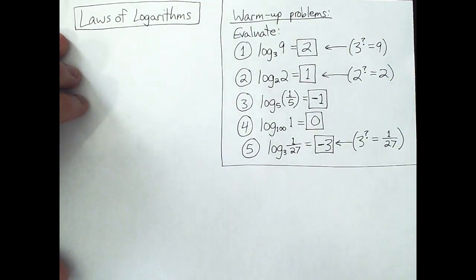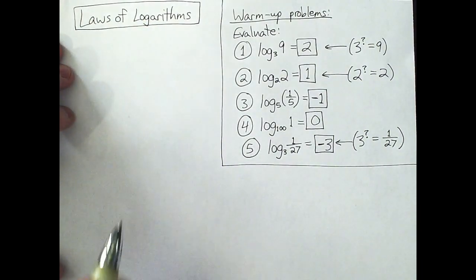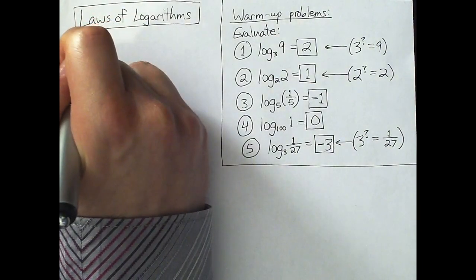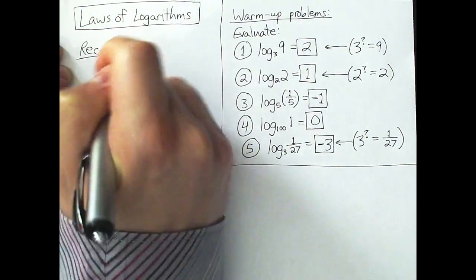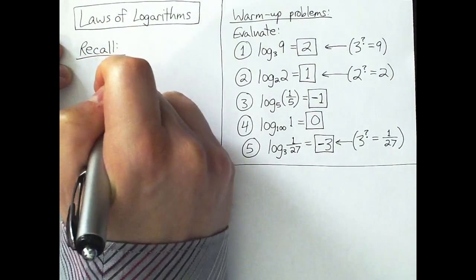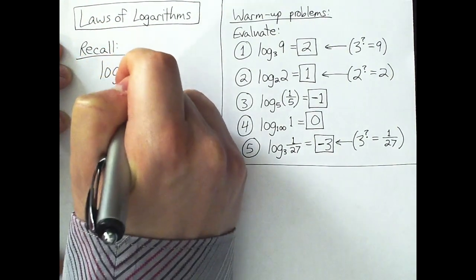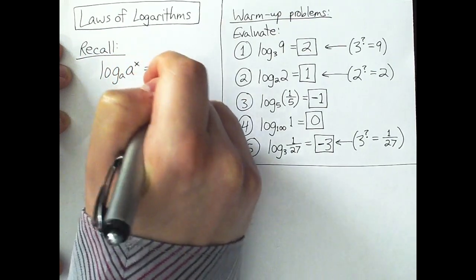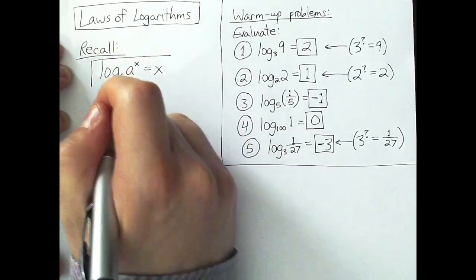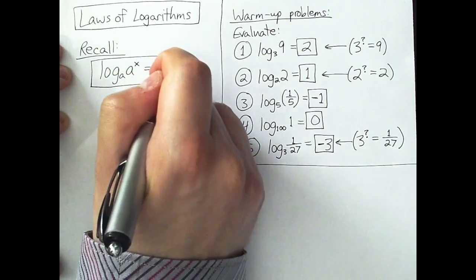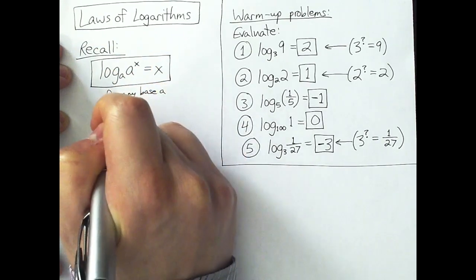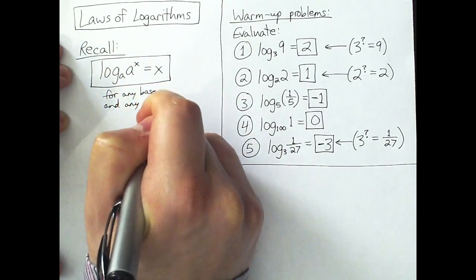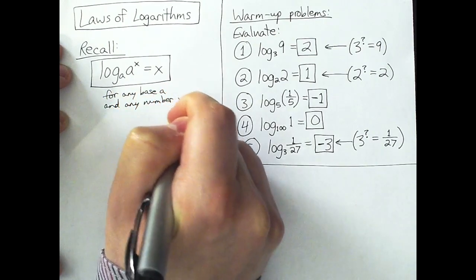Now, let's get into actual laws of logarithms. Before we establish some brand new facts about logarithms, I want to remind you of one that we've seen previously. We had 4 rules, and I want to remind you of this one. Log base a of a to the x equals x. Technically we said this is for any base a and any number x.